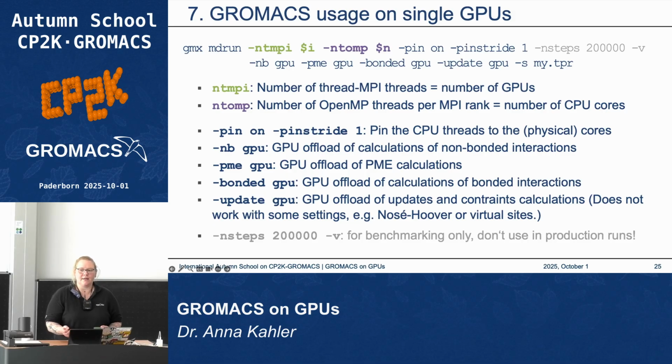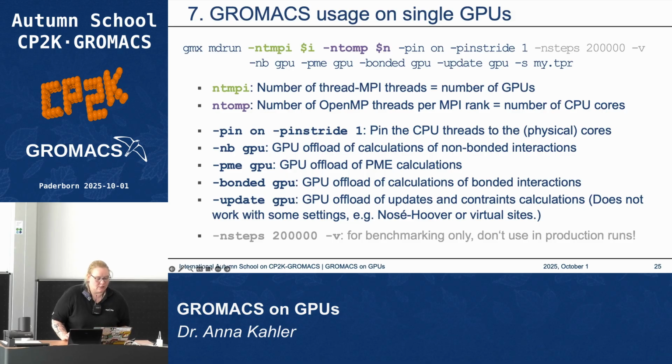So have a look at the settings, what you have available on your workstation or what you allocate with your batch script. We can see this also this afternoon. And then set the ntomp number accordingly.